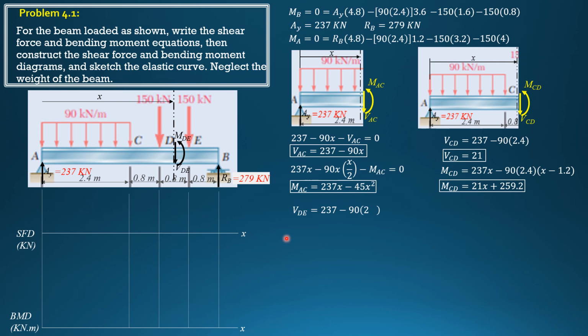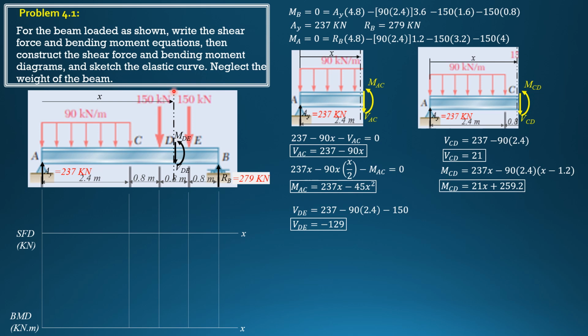So shear DE is equal to upward 237 minus 90 times 2.4. Then we have a new load here which is within this section. So minus 150 because it is downward. So simplifying, shear DE is equal to negative 129 kilonewton. So it is also constant.